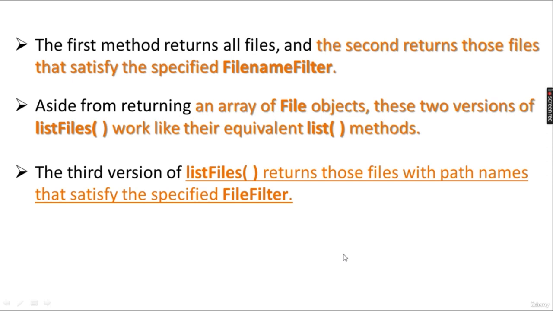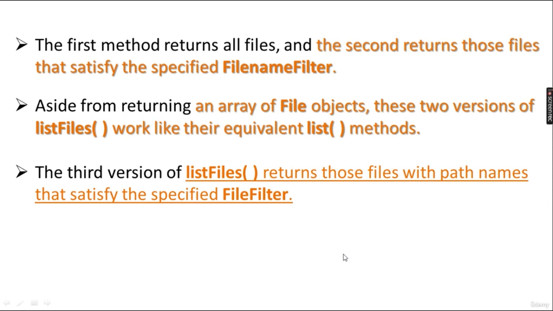Aside from returning an array of File objects, these two versions of listFiles work like their equivalent list methods. So the list method's alternative is listFiles. The third version of listFiles returns those files with path names that satisfy the specified file filter. The first will give you all files.